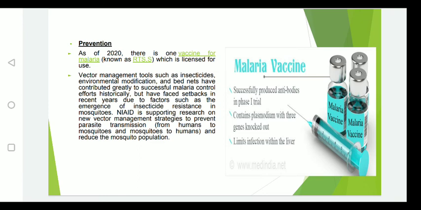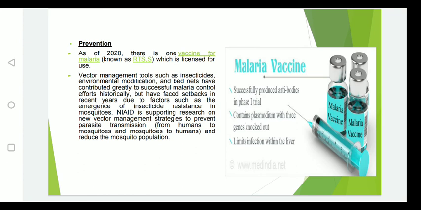Malaria control efforts have historically had to face setbacks in recent years due to factors such as the emergence of insecticide resistance in mosquitoes, because nowadays when you keep mosquito coils and all, the mosquitoes are having resistance to live in that particular environment.